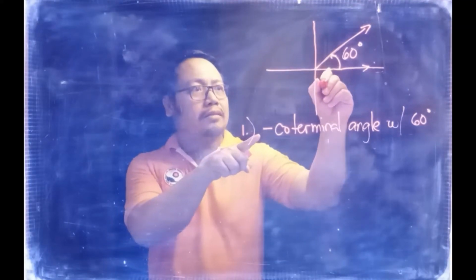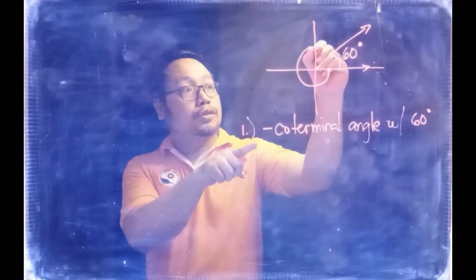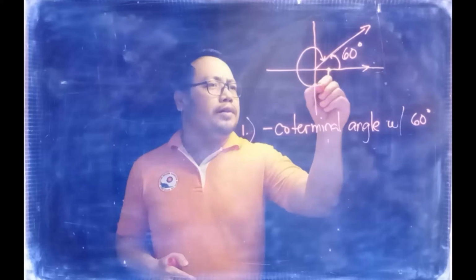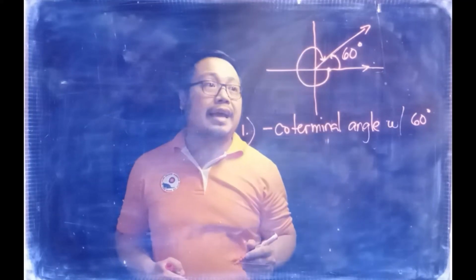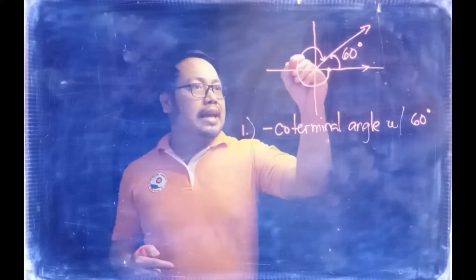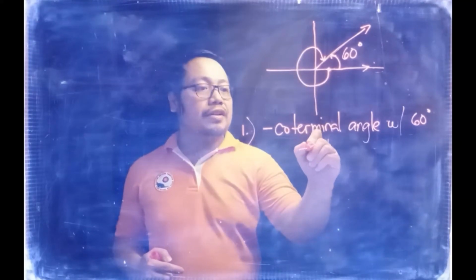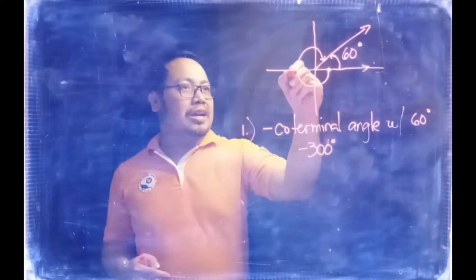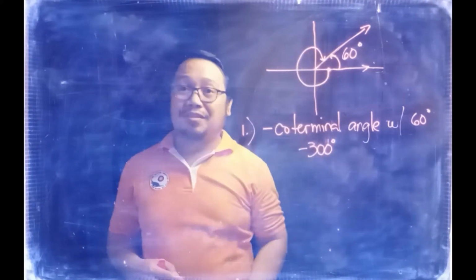So going down up to the terminal side, because they share the same terminal side, what do you think is the measurement of this angle? They differ by 360, so this is negative 300 degrees. Just take a look. 300 degrees negative.